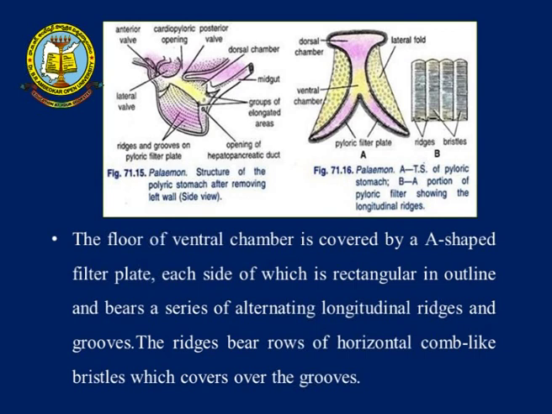This is the pyloric stomach that you are talking about here, and the floor of the ventral chamber is covered by an A-shaped filter plate, each side of which is rectangular in outline and bears a series of alternating longitudinal ridges and grooves. The ridges bear rows of horizontal comb-like bristles which cover the grooves. That helps them in filtering the food.